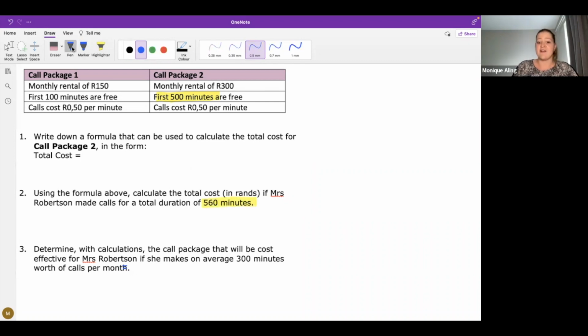So she gets 500 for free, so all I did was say 560 minus the 500 free minutes. So that means she's only going to be charged for 60 of those minutes because those do not fall within the free minutes. She's gone over the free amount. So that's where the 60 comes from. And Kia's also got it there in writing for you if you need. Thanks, Kia. No problem.